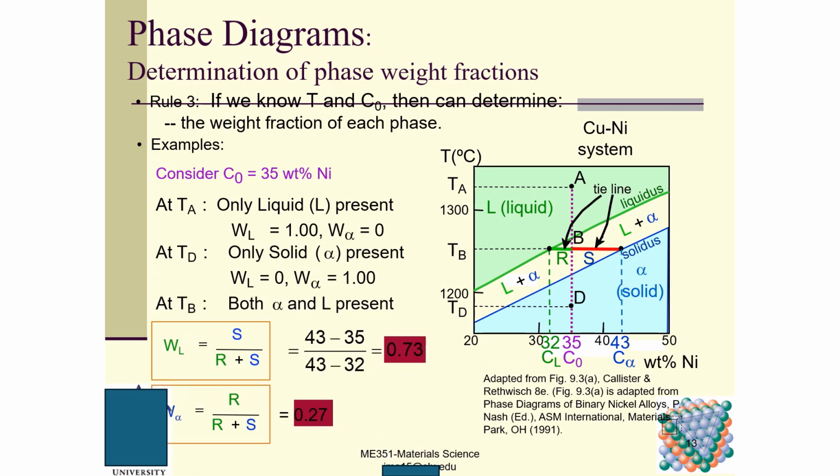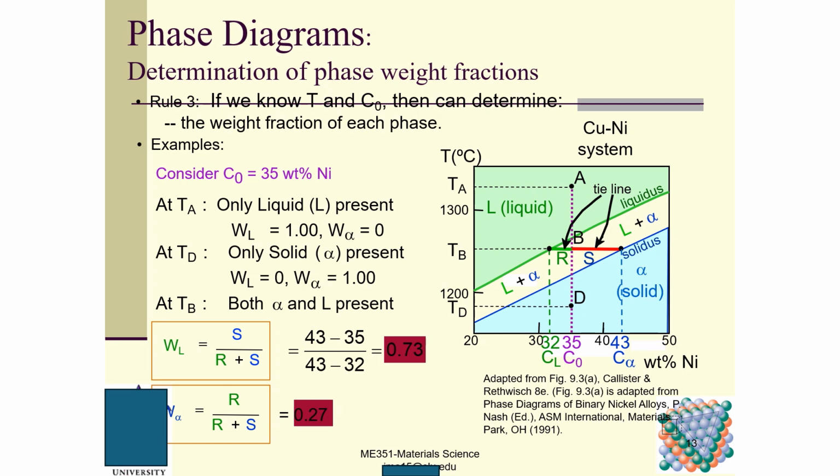And then we come back to a special point, point B. Both alpha and L are present, but how can we calculate the weight percentage of L and alpha? We use the lever rule. We draw a horizontal line.